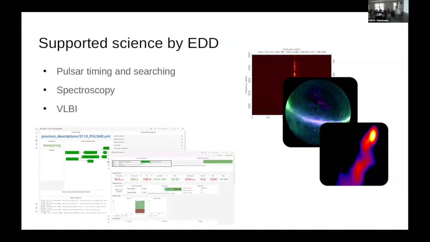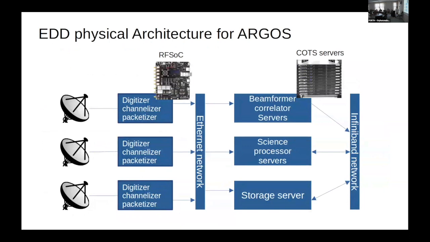This is the interface for monitoring the EDD system. Okay, so this is Atmosphere, and we are here to talk about Argos. So let's see something about Argos. This is the proposed physical architecture for the Argos backend.